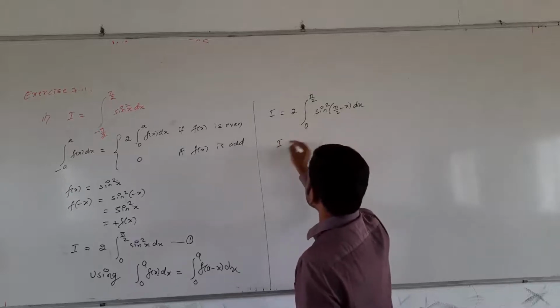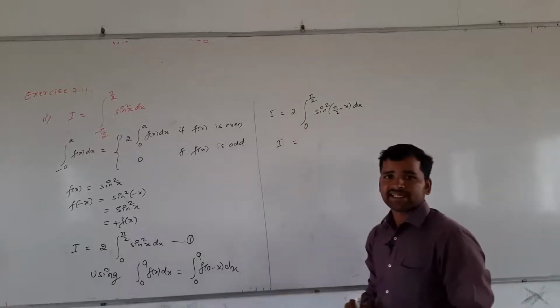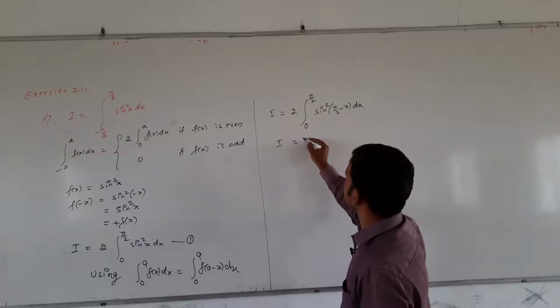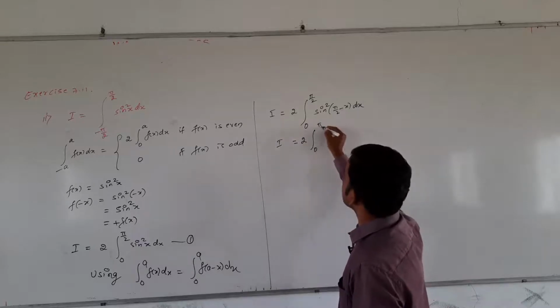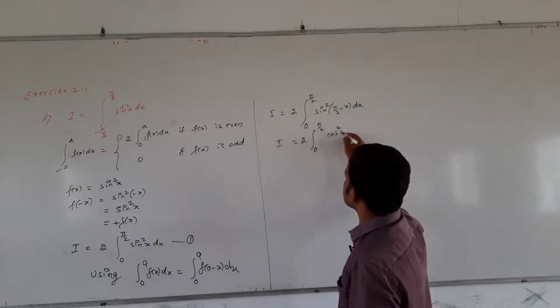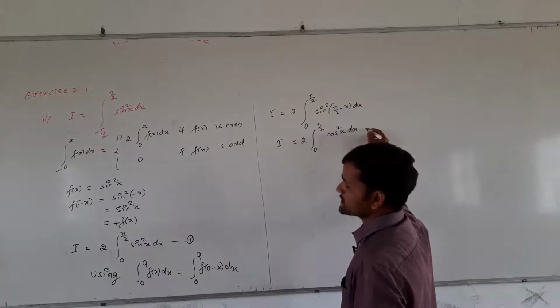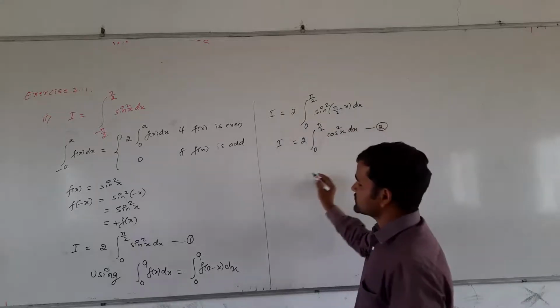Sin pi by 2 minus x means sin 90 minus x, that is cos x. So 2 times 0 to pi by 2 cos square x into dx. Let me take this as equation 2.